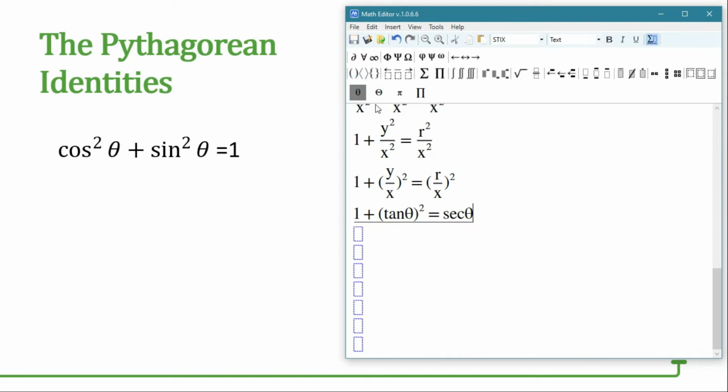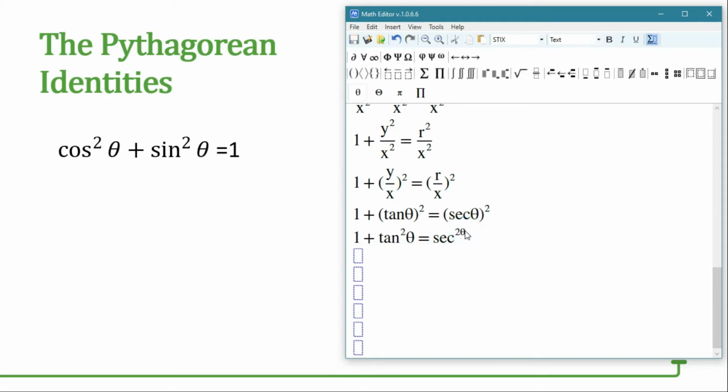So that is secant squared theta. And again, we can rewrite this as 1 plus tangent squared theta. Pwede nandun po yung exponent: 1 plus tangent squared theta equals secant squared theta.